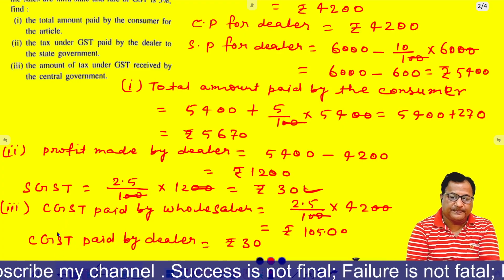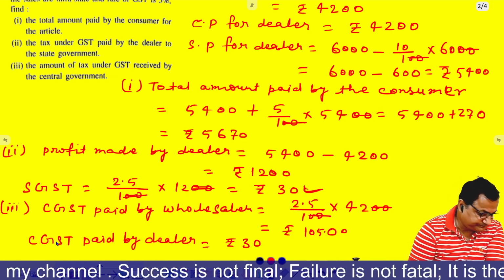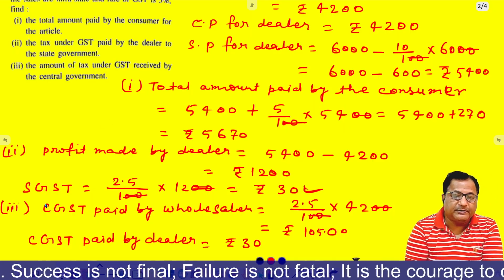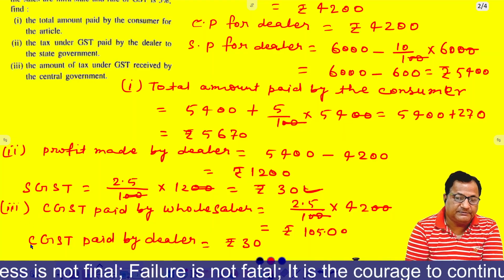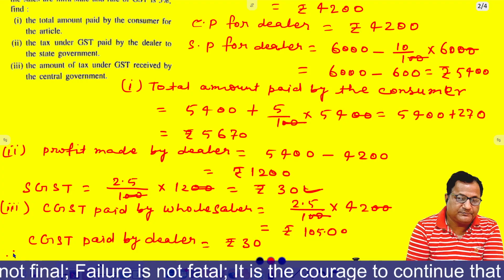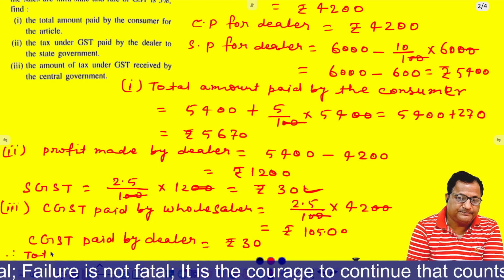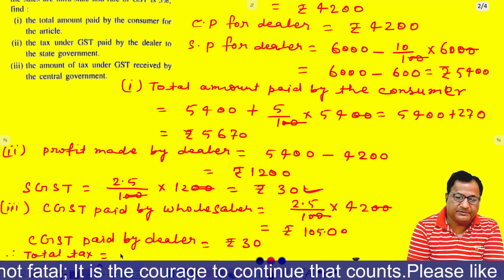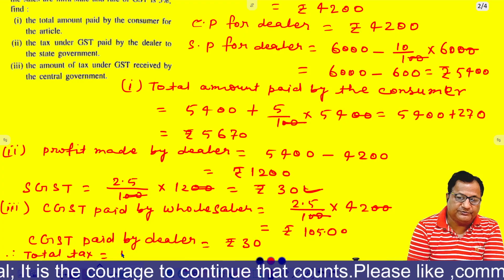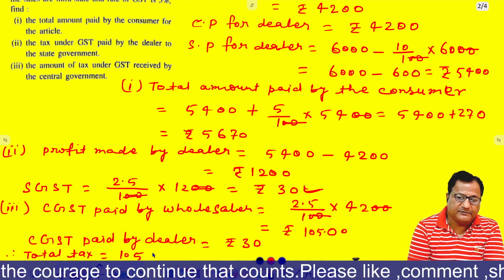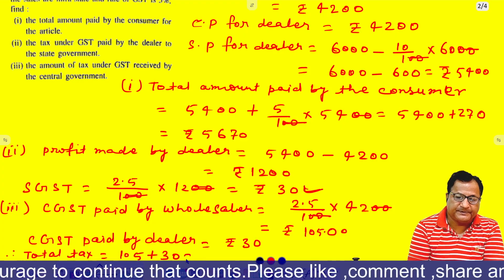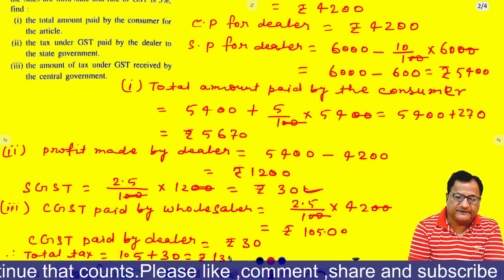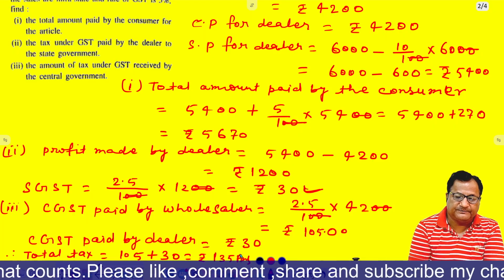Therefore, the total amount of tax under GST received, total tax, is equal to 105 plus 30, equal to rupees 135. This is the answer.